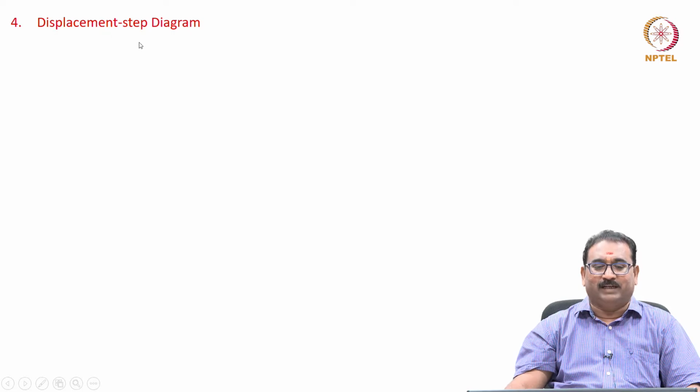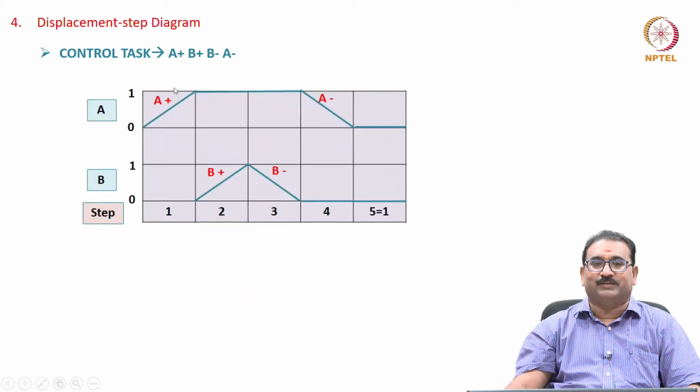Now, how to represent in the displacement step diagram? Already we know that the control task is A plus, B plus, B minus, A minus. This is the diagram I have drawn here, taken for cylinder A operation and cylinder B operation.